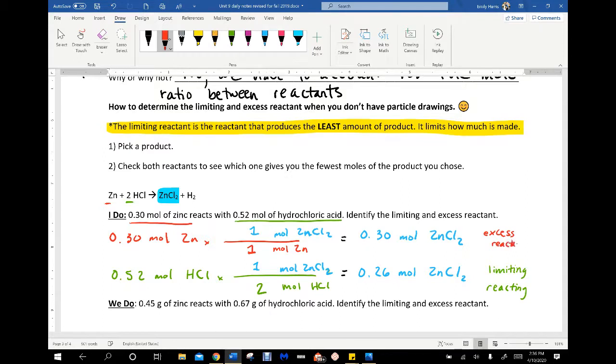And so even though we started with more hydrochloric acid, because of that 2-to-1 ratio, it ended up being the limiting reactant. And so again, each of these problems, just like lesson 1, will use the mole ratio because every reactant kind of reacts in a different amount.